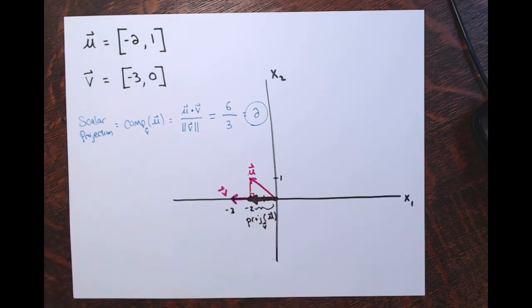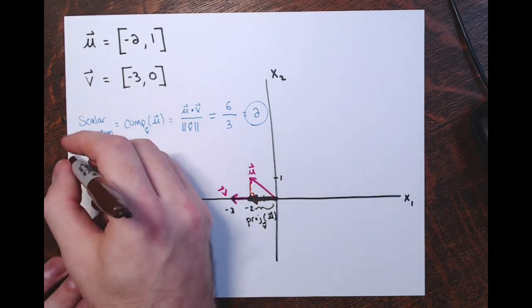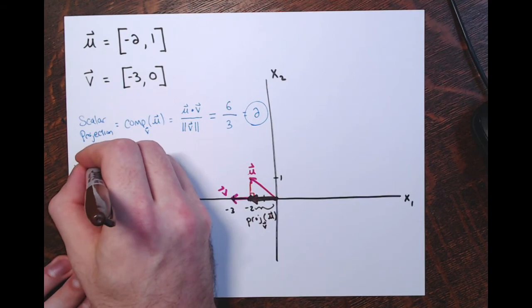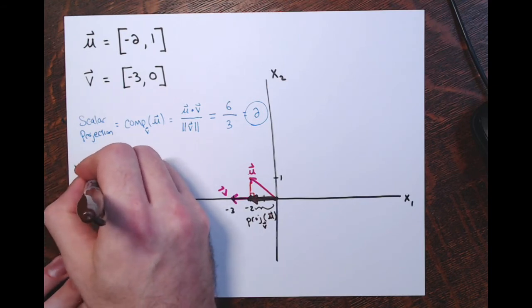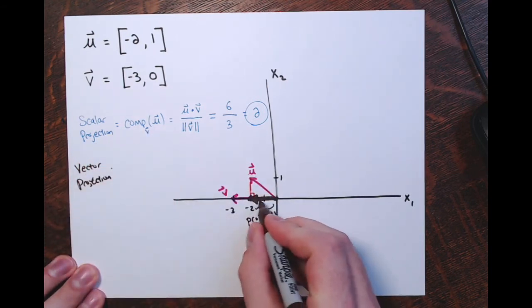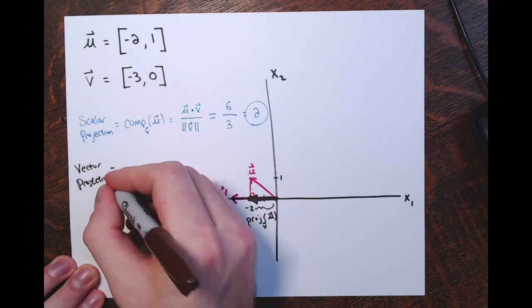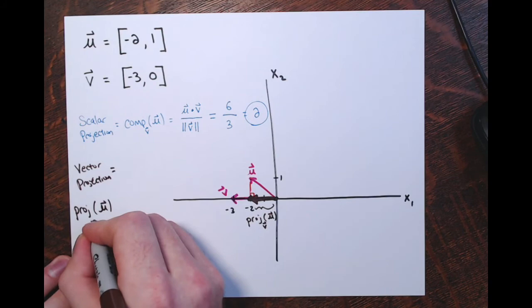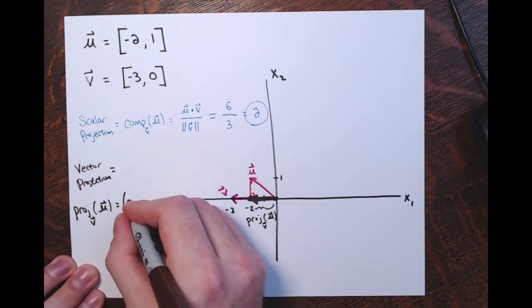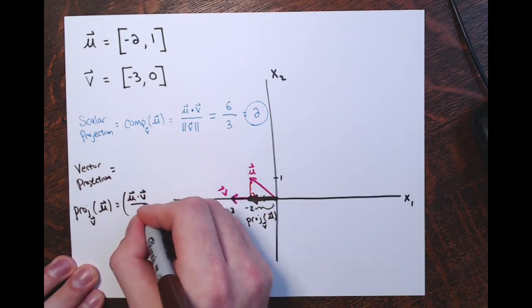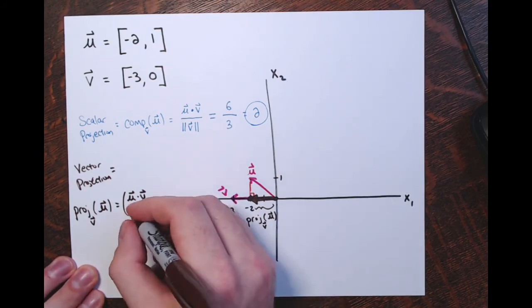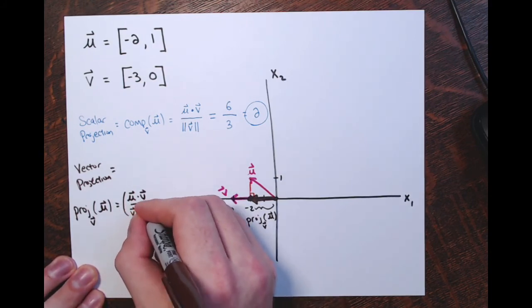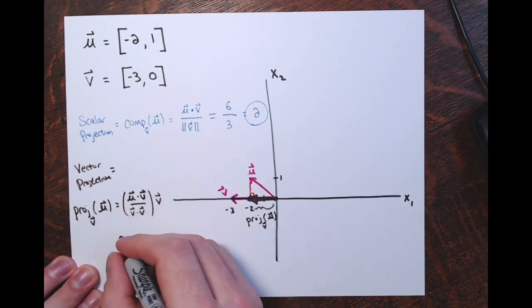And then what is the vector projection? Just what is the actual vector that I've drawn here? Again, that's this PROJ, projection of vector u onto vector v. Again, the easy formula is just u dot v divided by the magnitude of v squared, or v dot v, times v.